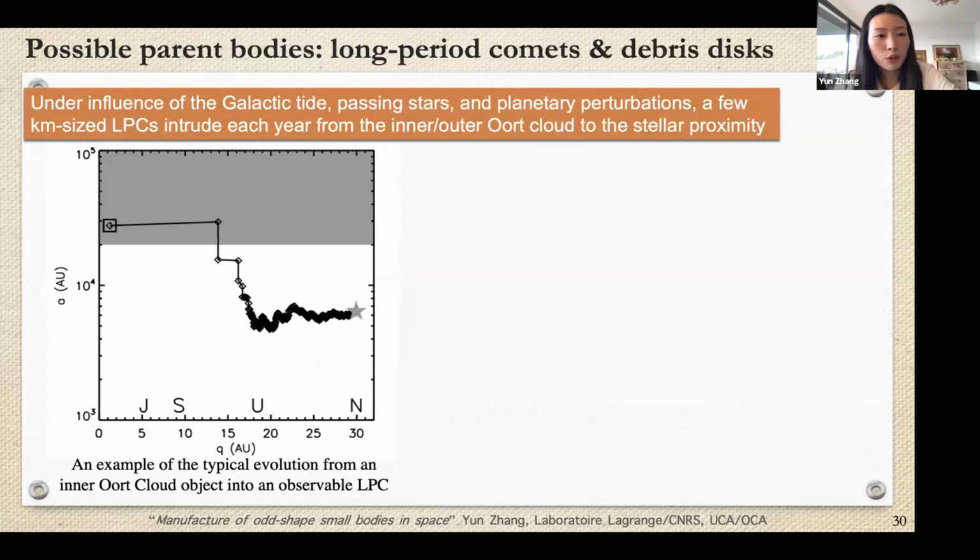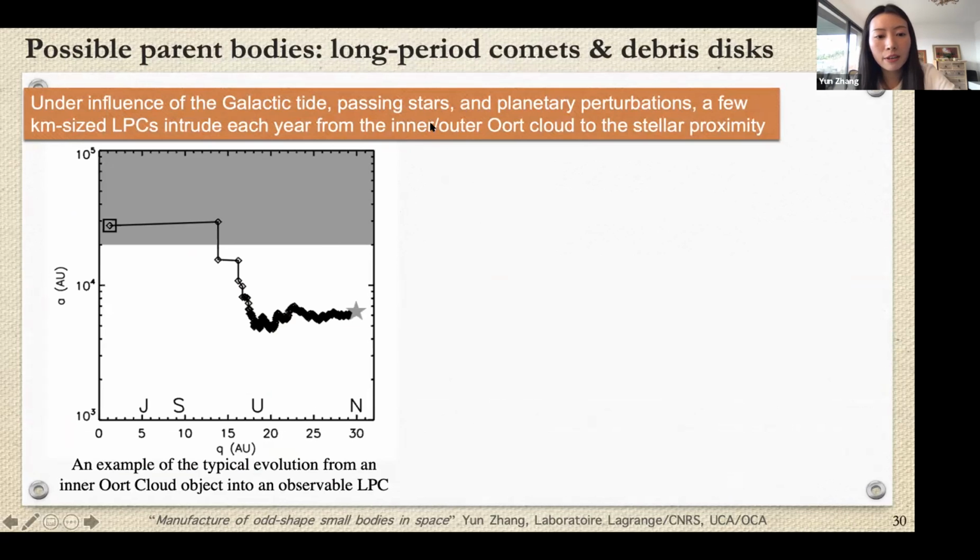And what are the possible parent bodies? Based on the described formation and ejection mechanism, the long period comets on nearly parabolic orbits are the most promising candidates for Oumuamua's parent bodies.